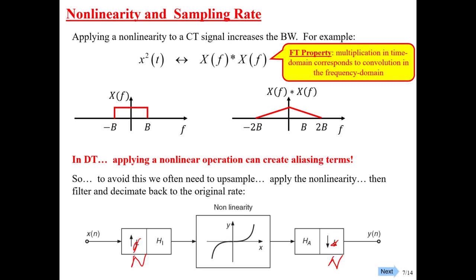That's the idea. And this is actually done. If you look inside the snazzy devices that you can buy for doing nonlinear mimicking, discrete time mimicking of nonlinear processing, like guitar amps and things, the systems actually involve upsampling, applying the nonlinearity, and then decimating back down.